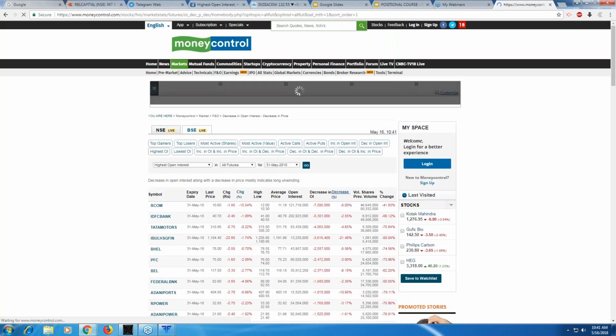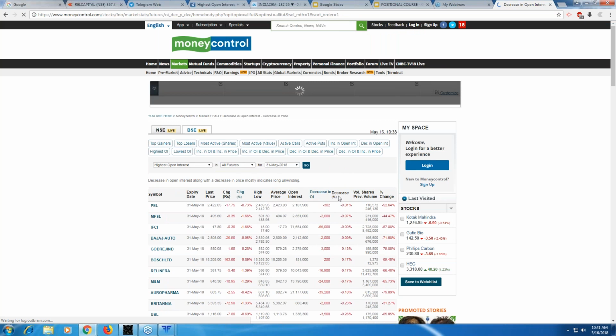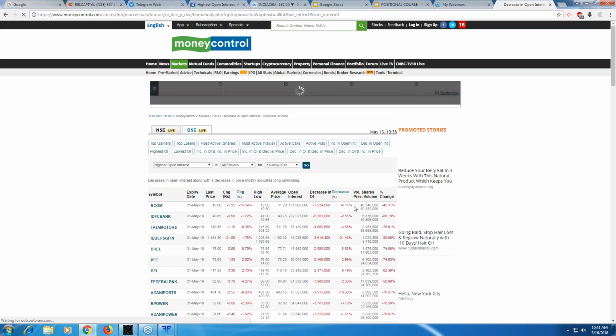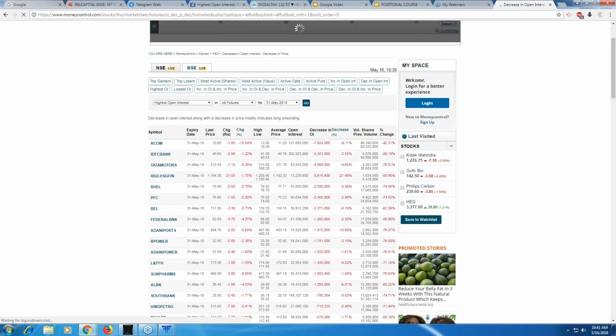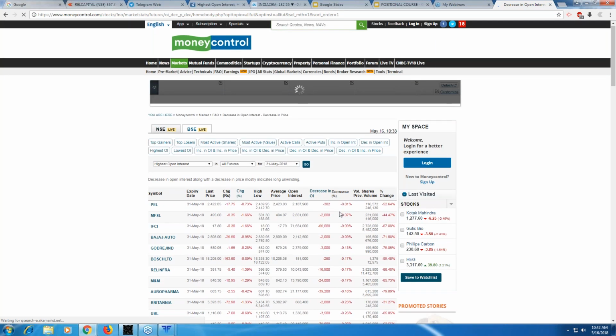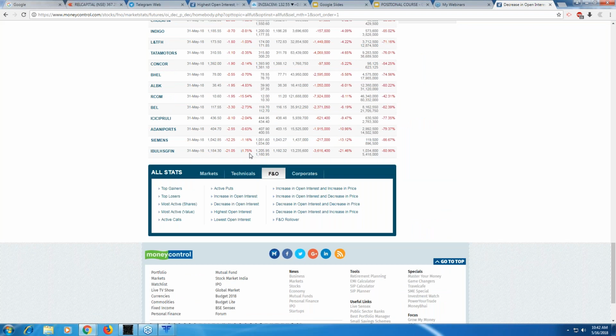This is long unwinding, where the long unwinding is happening. I'm just organizing it percentage-wise. I want this data to be organized. See here, at the bottom, Indiabulls Housing Finance has the highest open interest decrease, and the price is also down.